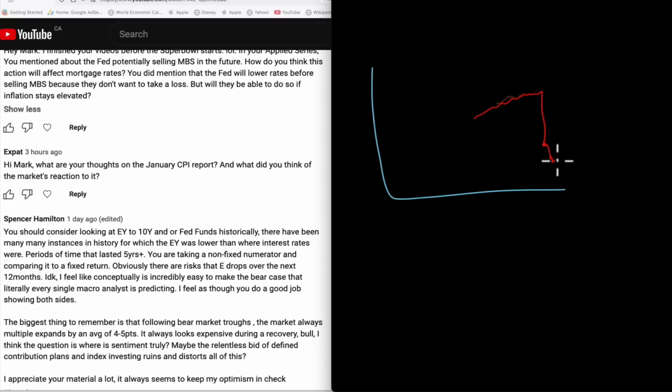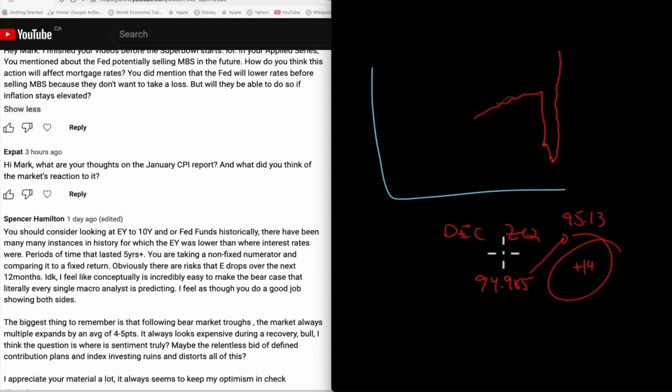You know, the next bar did this, then it did this. And up it went. I was looking at the December ZQ, which is the Fed Funds Futures for December. It was at 94.985. And it rallied all the way to 95.13, up 14 basis points. So that's the market saying, oh, great, a rate cut's going to happen by December.